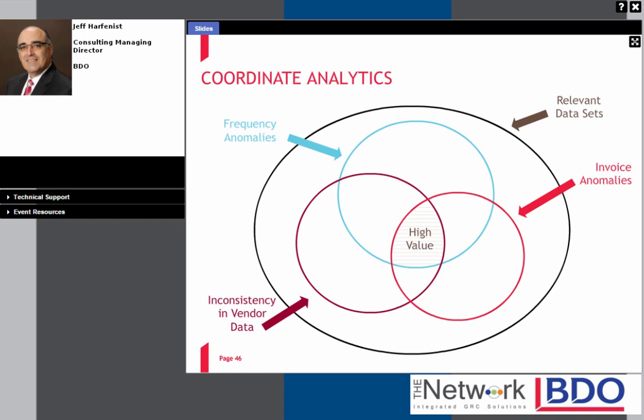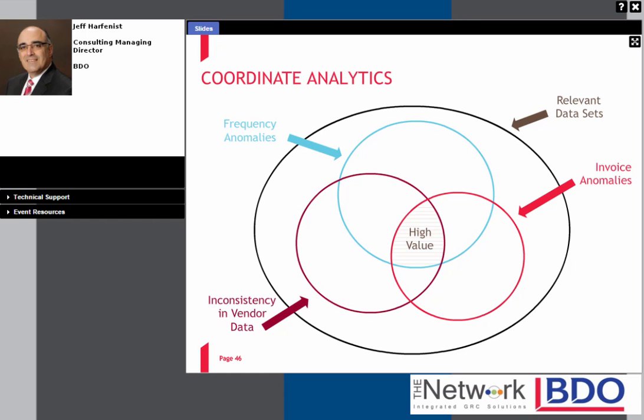I want to wrap up briefly with a discussion of continuous monitoring. Continuous monitoring really is taking data mining software, and this can be database programs like Access or Oracle or SQL, or IDEA or ACL, and marrying that with established forensic protocols and really well-tested investigative methods.